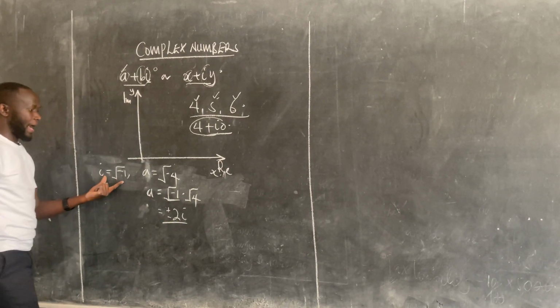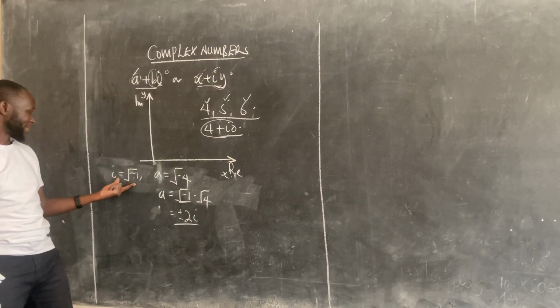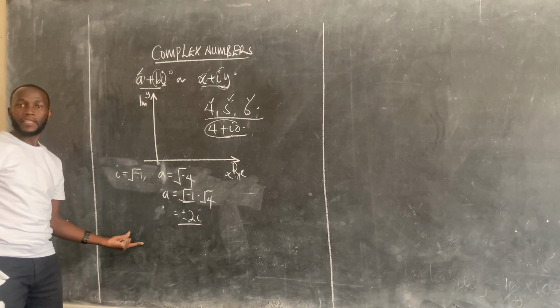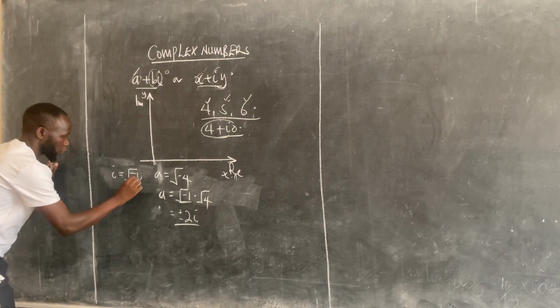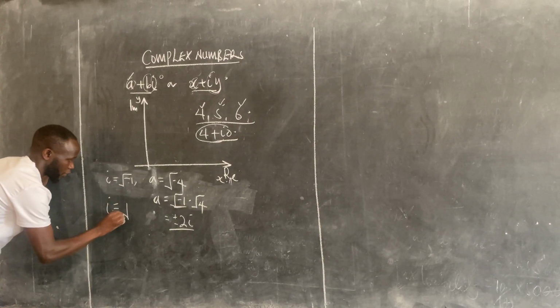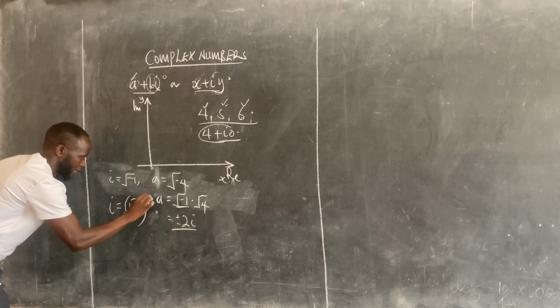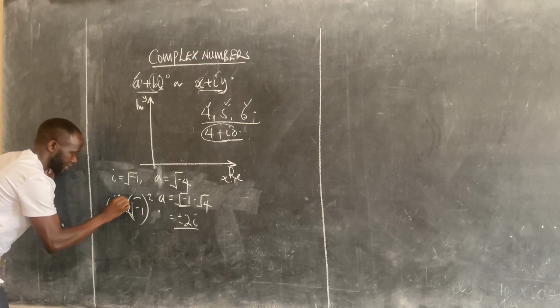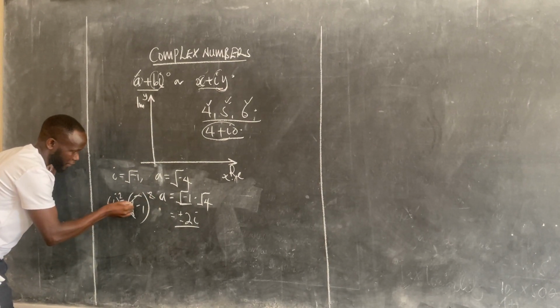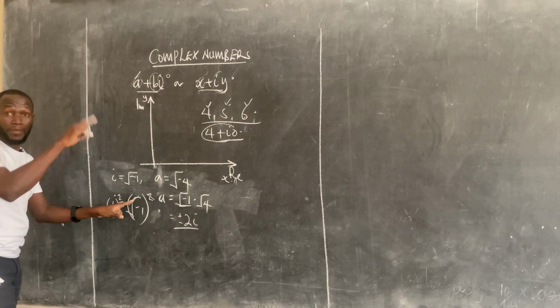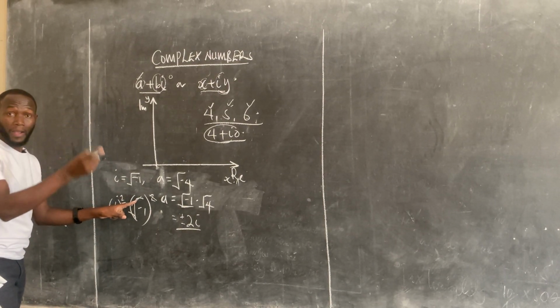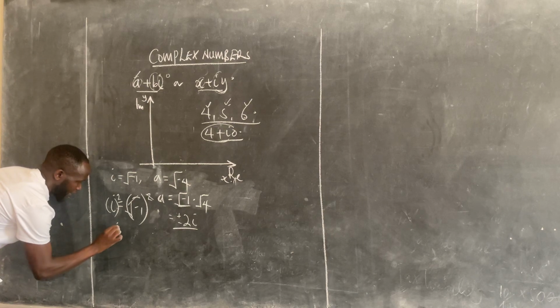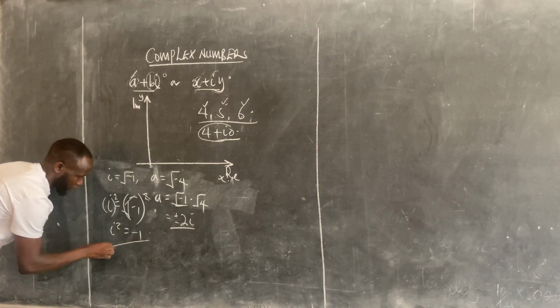So after having i as this, now the question comes back: how do we extend with powers of i? So when you square both sides of i equals the square root of negative 1, the square cancels with the root, because root means power a half. So we shall have i squared as negative 1.